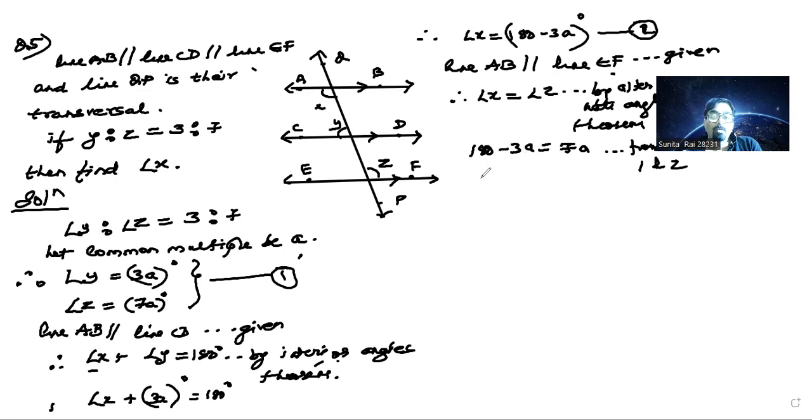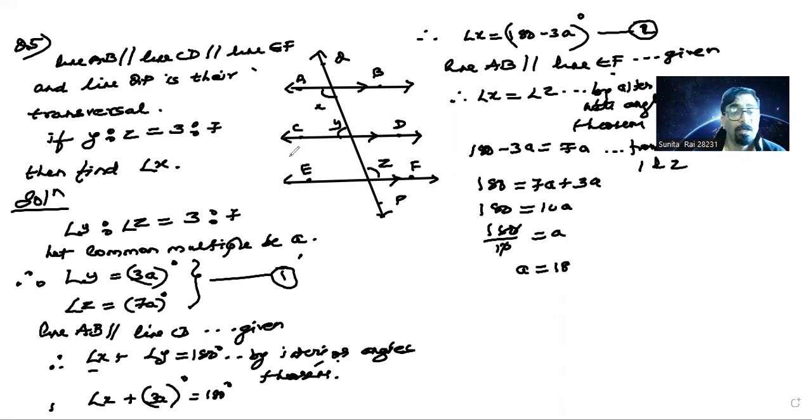Now solve this. 180 equals 7a plus 3a. So 180 equals 10a, so 180 upon 10 equals a. Cancel the zero, so a equals 18. Some people will say, sir, you got the value of a, but we want the value of angle x.